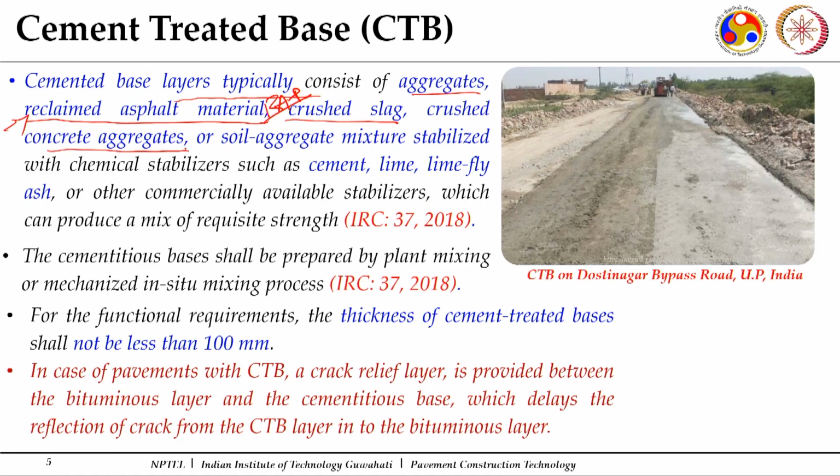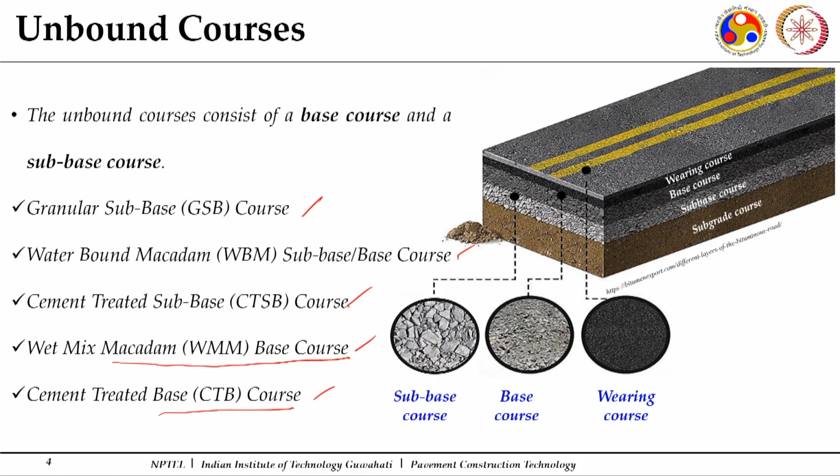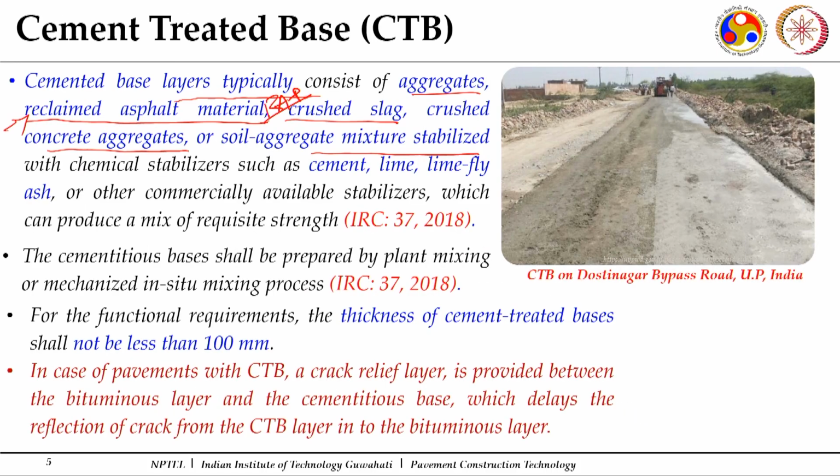Crushed concrete aggregates, if there is some building construction waste, those aggregates can be crushed down and used in your cement bound base courses, or soil aggregate mixture stabilized with chemical stabilizers. This is the important aspect. We need to look at what kind of stabilizing additives can be used.